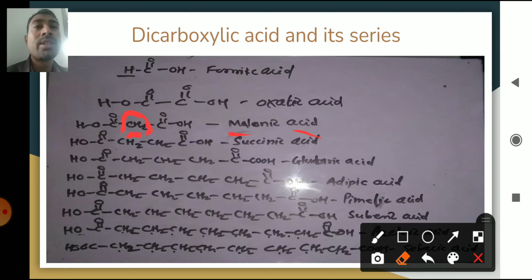Now you can see that malonic acid has the methylene group introduced. In the same way, if you introduce an ethylene group in between the two COOH groups, we get succinic acid.